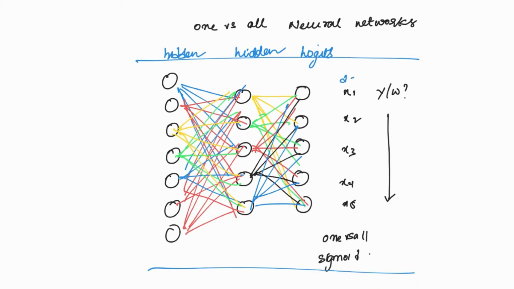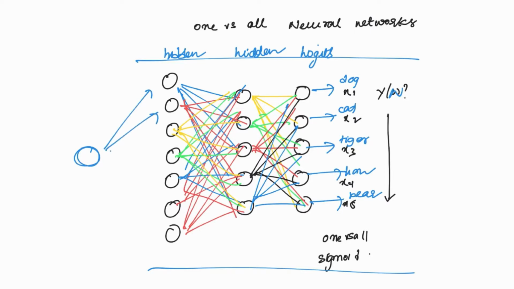Is this a dog? Is this a cat? Is this a tiger? Is it a lion? Is it a bear? So yes or no, yes or no, yes or no. All the options here. So we're going to be getting these answers depending on what we get. So that's basically one versus all. This is one input. We can arrange this like that, for example.